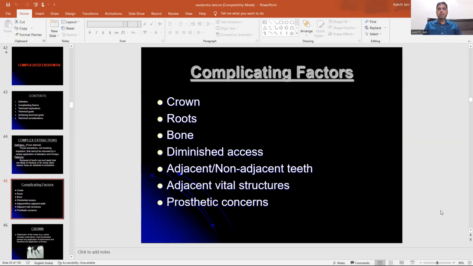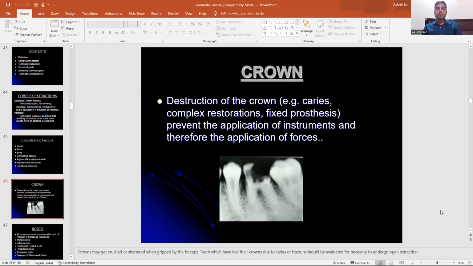Complicating factors include the crown, root, bone, diminished axis, adjacent and non-adjacent teeth, adjacent vital structures, and prosthetic concerns. Now let's understand it one by one.